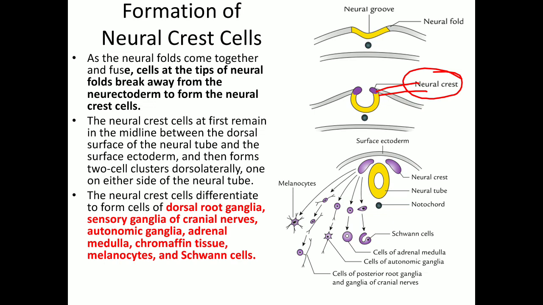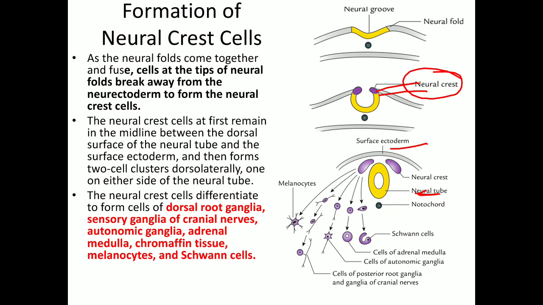Initially they lie between the neural tube and the surface ectoderm. This yellow one is the neural tube and this is the surface ectoderm. So they lie between these two structures, dorsolaterally to the neural tube.